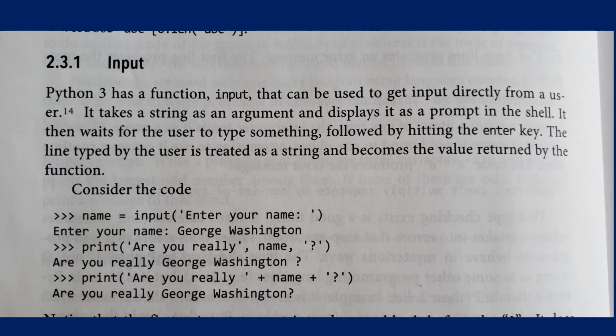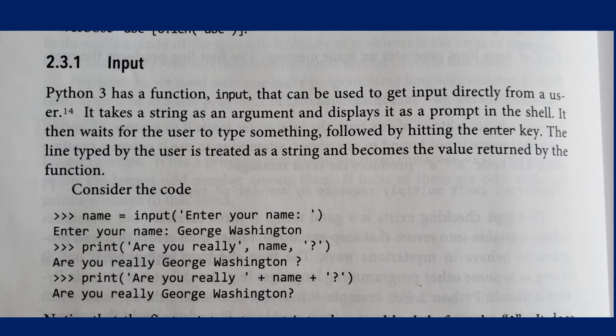Okay? And then the next line of code, print, are you really, comma, so string literal, are you really, and then the variable name, and question mark. So notice the separation of the three parts of the statement because it's a question.